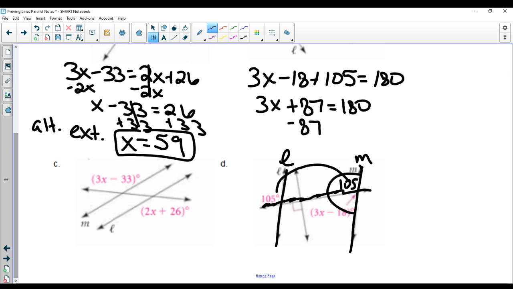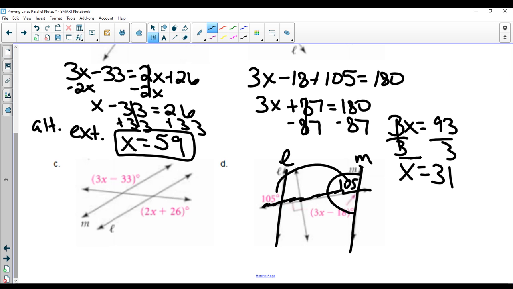And now we subtract 87. So we get 3x equal to 93. X is 31.